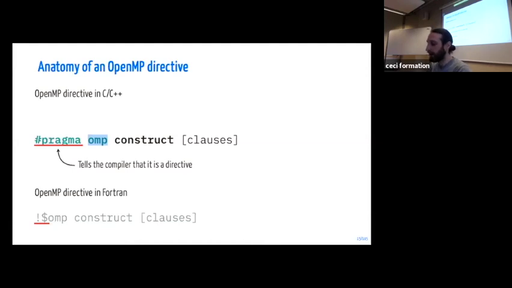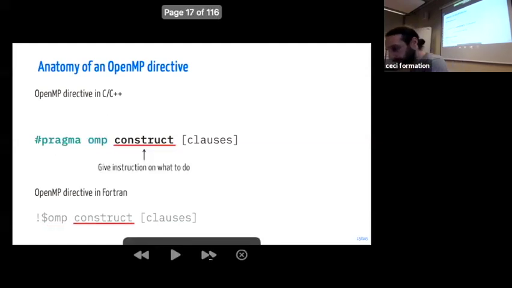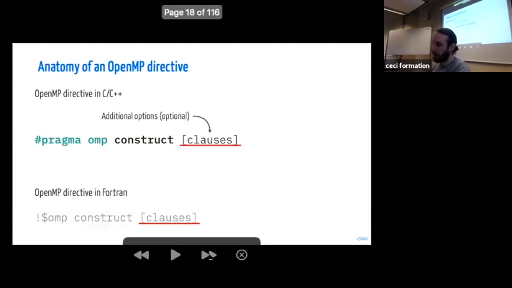And then after that, you have some instruction for the compiler, okay? So a directive that describes to the compiler what it needs to do. And optionally, you have some clauses that modify some of the behavior or give extra information to the compiler on what to do. So this is the basic idea of OpenMP.